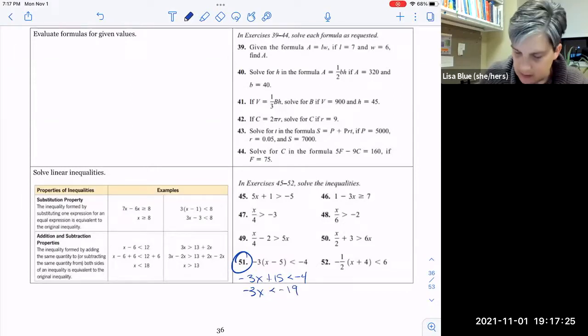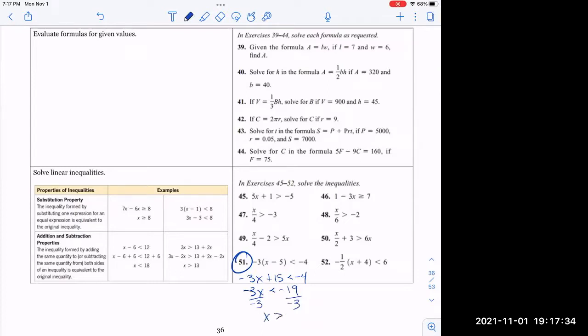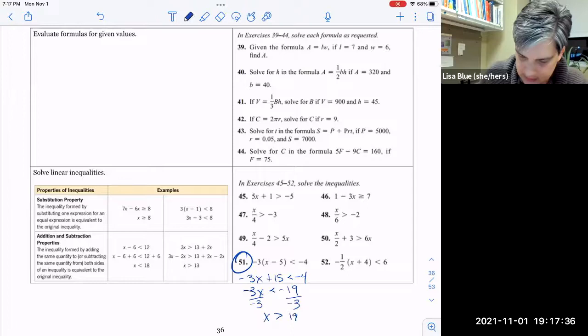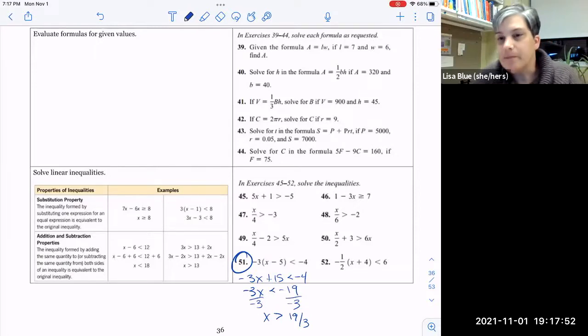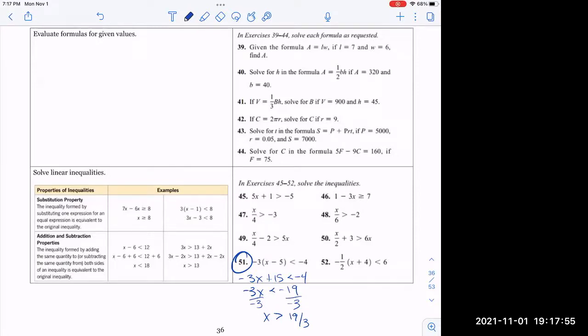And then the trick here is that whenever you divide an inequality by a negative number, you have to flip the sign. So this would become x is greater than 19/3. Okay. So I'll flip the sign for the fraction and the actual symbol. Like the fraction will no longer be -19 and negative. Right, because you've got -19 over -3. Okay. Yeah, that makes sense.